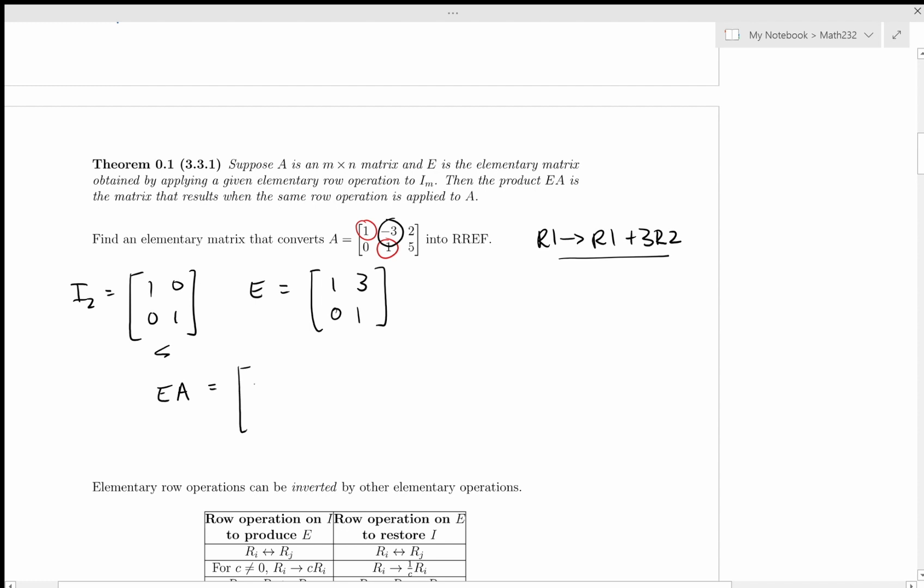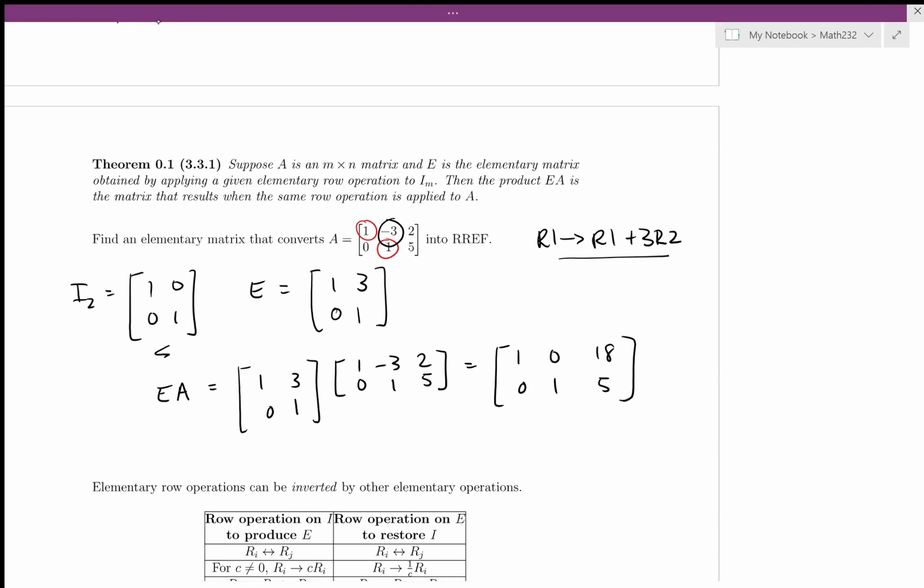I take E, it's 1, 3, 0, 1. I will multiply that by A, like that. I perform the multiplication, I get this. There. Now I have a matrix that is in reduced row echelon form.